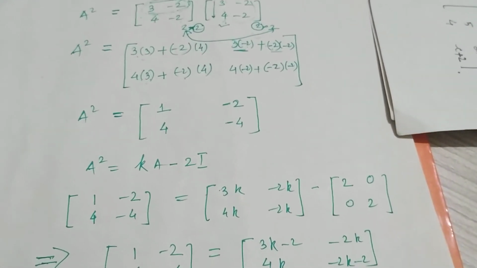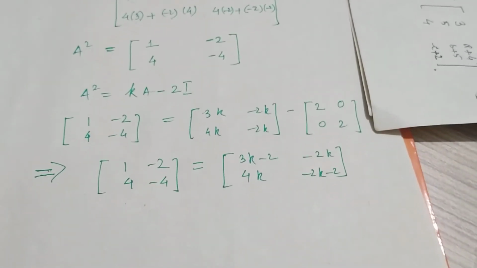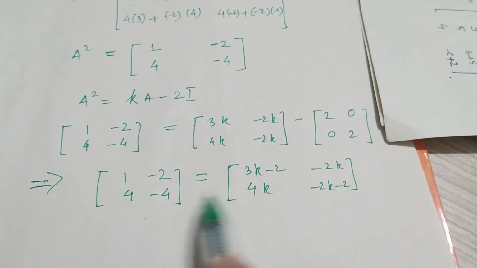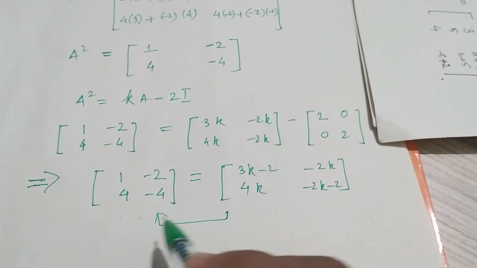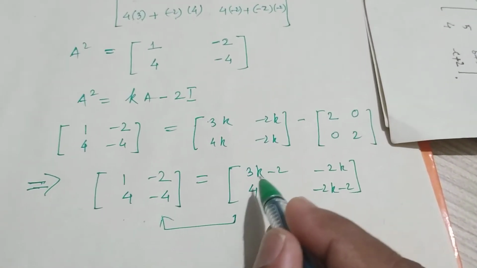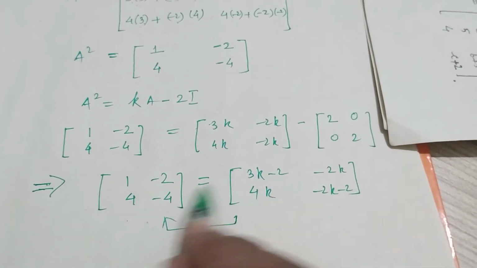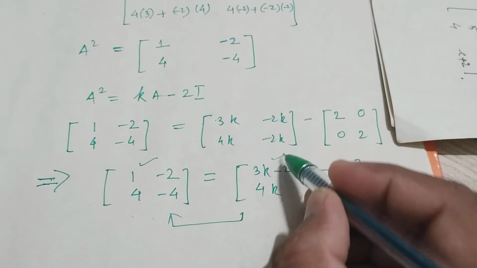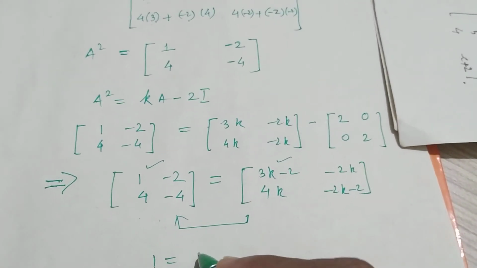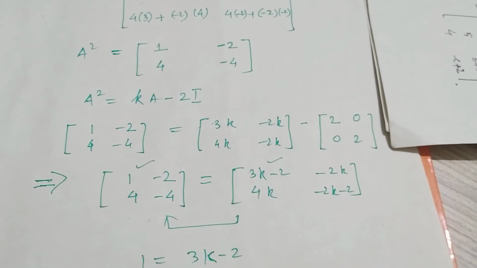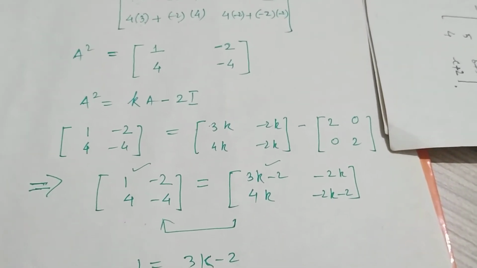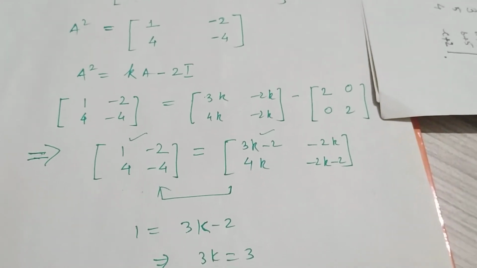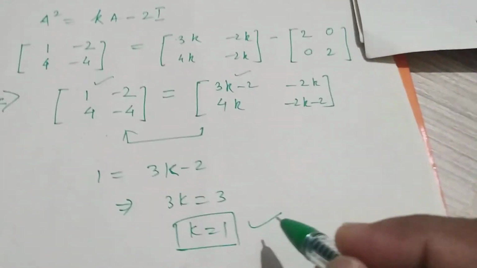Now since these two matrices are equal, you can equate any one entry. Suppose I equate the first row, first column entry: I'll get 3k minus 2 equal to 1, so 3k is equal to 3, and k is equal to 1. This is the value which we have obtained.